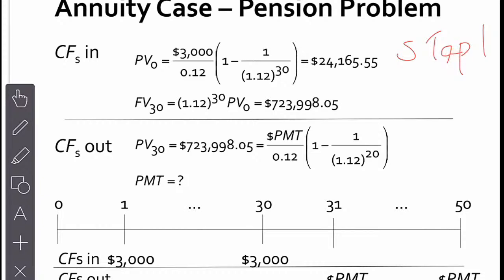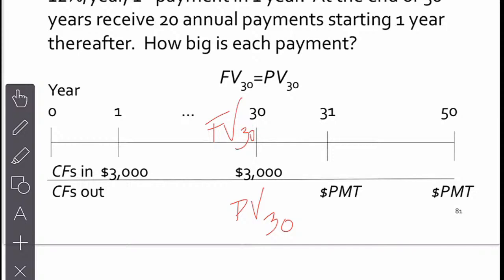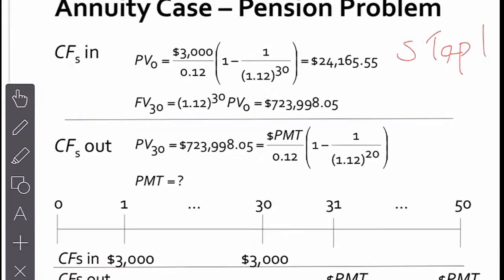Now, as I say here, I really want the future value of that amount. So I have an amount here that you calculated, the PV0 of just this part, the inflows. But what you want is to accumulate it as though it was the future value. You want the future value representation of the value today, so that at an interest rate of 12%, it would accumulate to this amount.